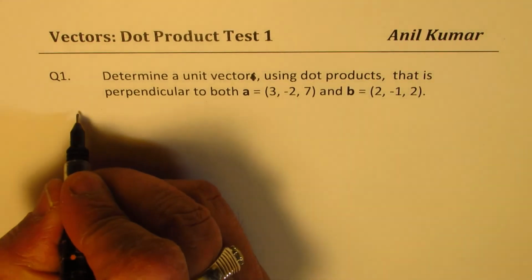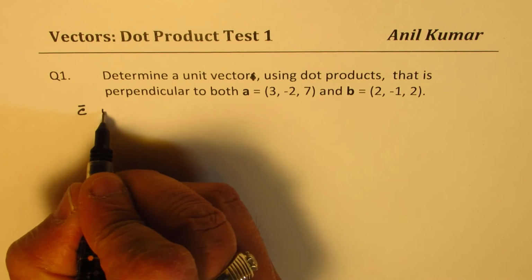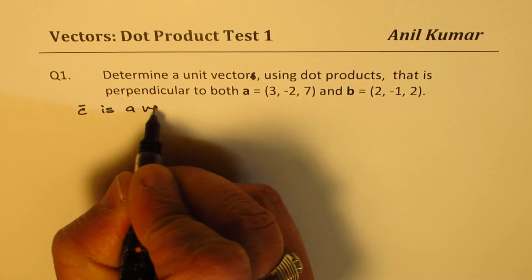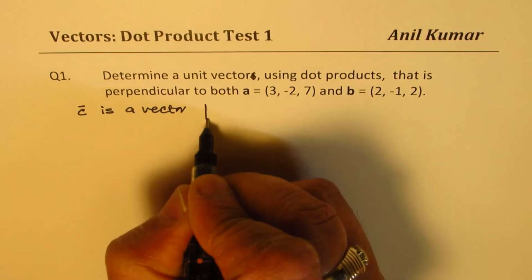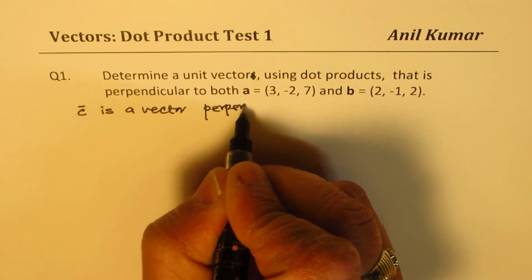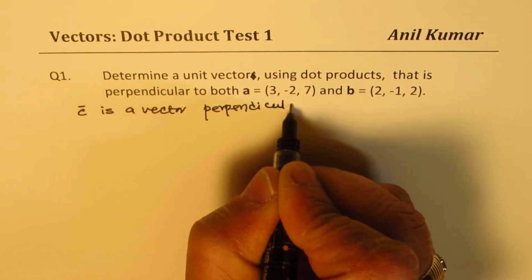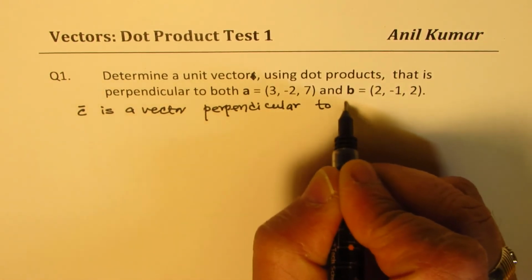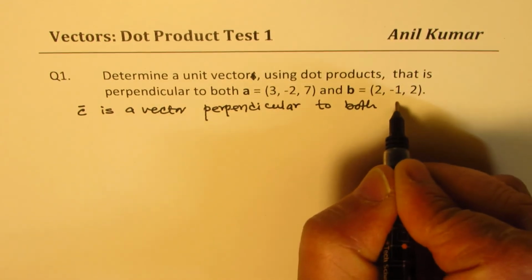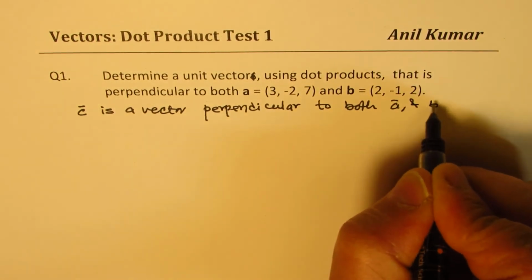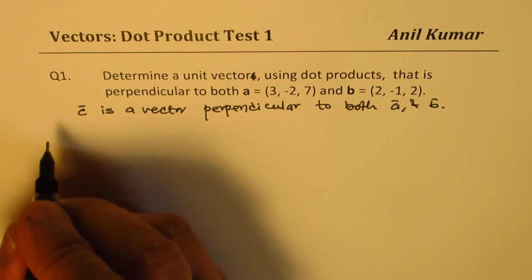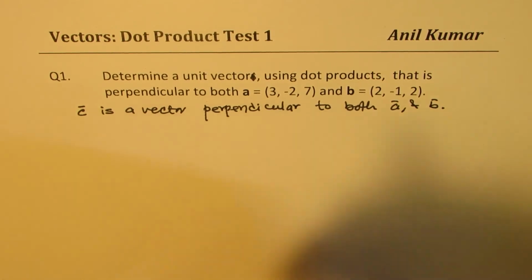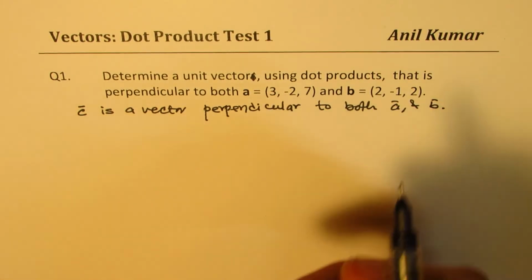Now let us say that C is a vector perpendicular to both vector A and vector B. In that case, we know that, let's say vector C is x, y, z, right?